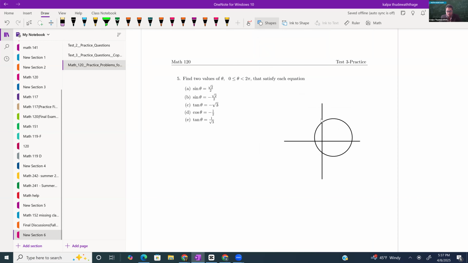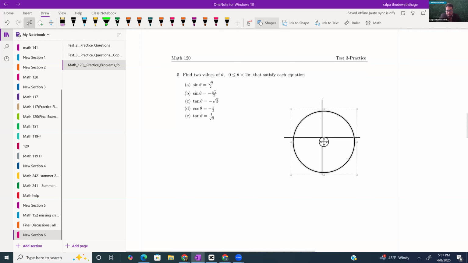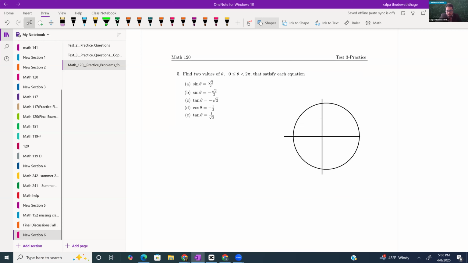I can make it a little bigger. I think it's good.